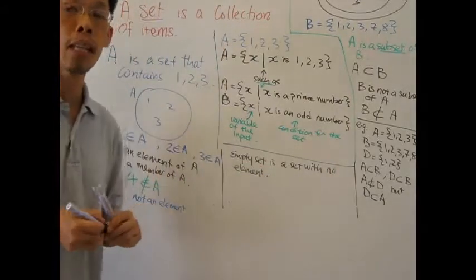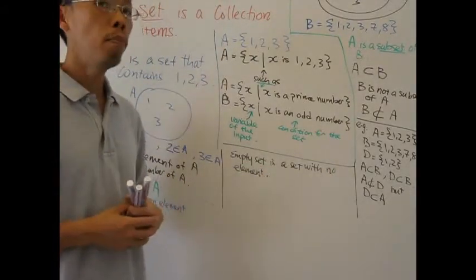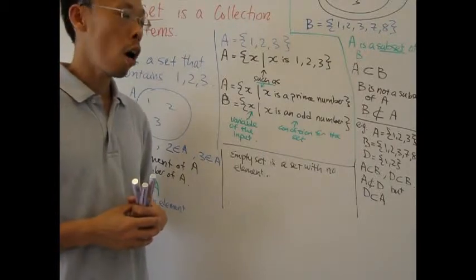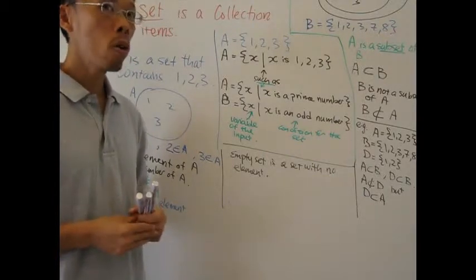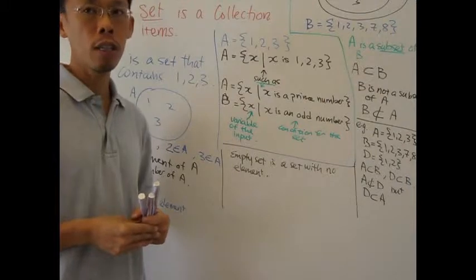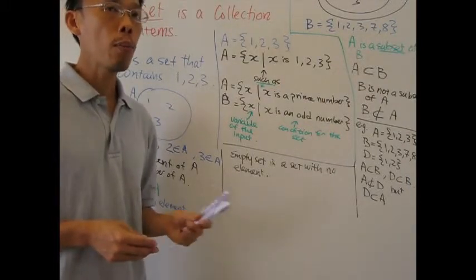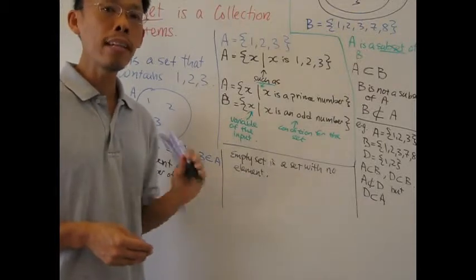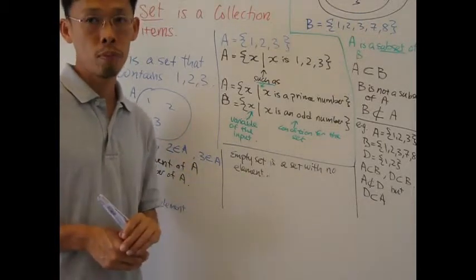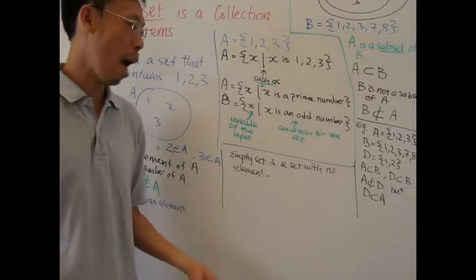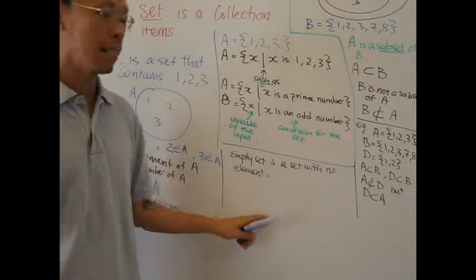Well, an example of an empty set is an odd number that is divisible by 2. Well, that cannot happen, so it's an empty set.